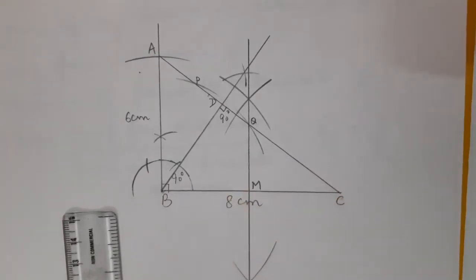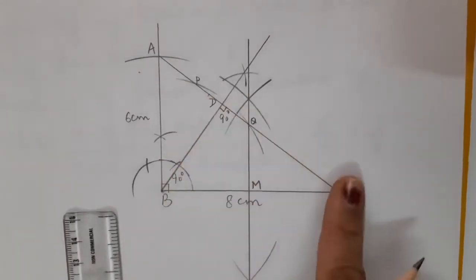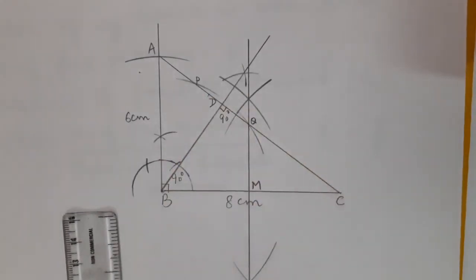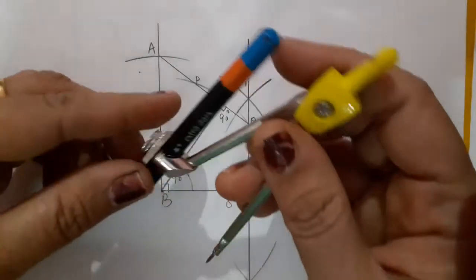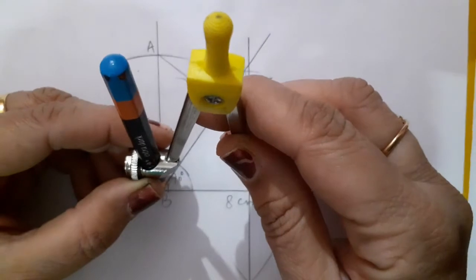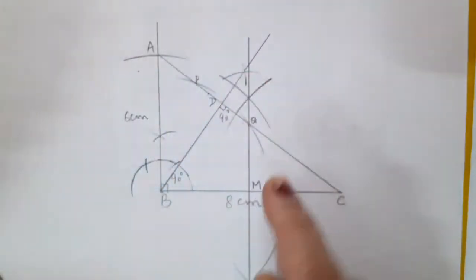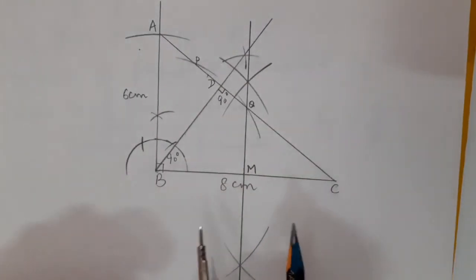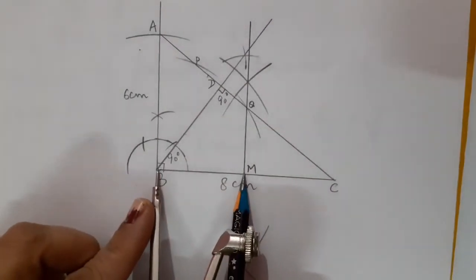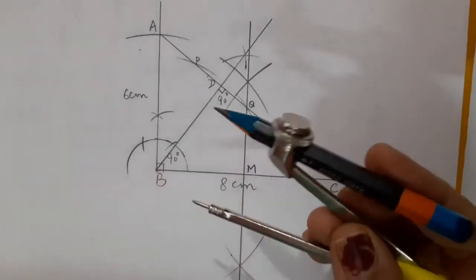Now children, we are supposed to draw one circle which would pass from B, D and C. So what is to be done? I must take the compass and measure this length which must be equal to BM, and while taking M as center point, I have to draw one circle. Now I have taken the length equal to BM, that is actually 4 centimeter.